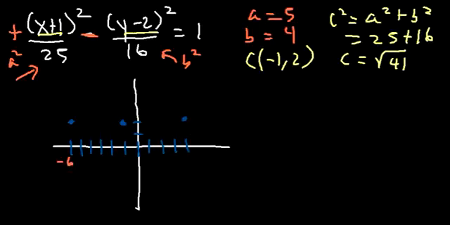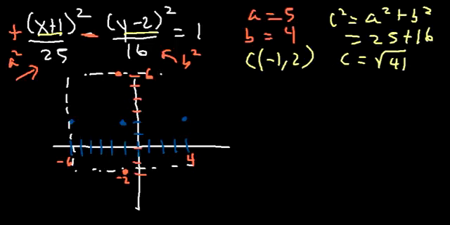So this coordinate is at -6, this is 4, and b is 4, so we need to go up 4 units. So that's at +6, and down 4 units to -2. And then draw the rectangle. And then draw the asymptotes.